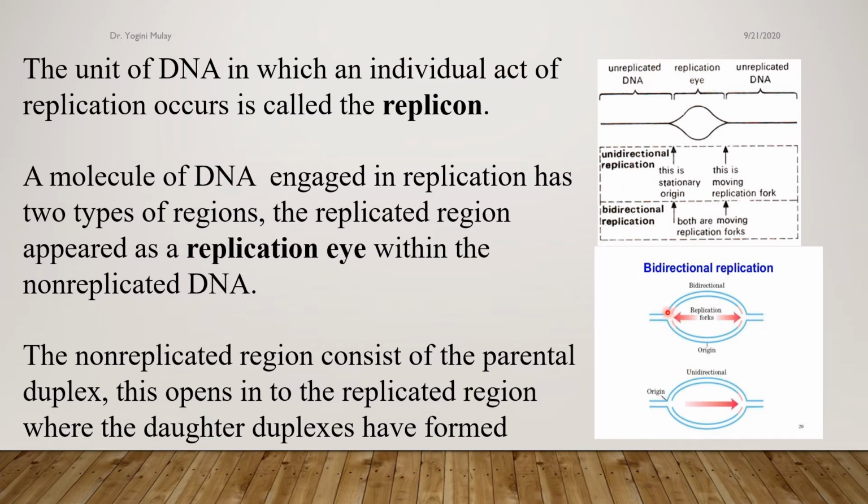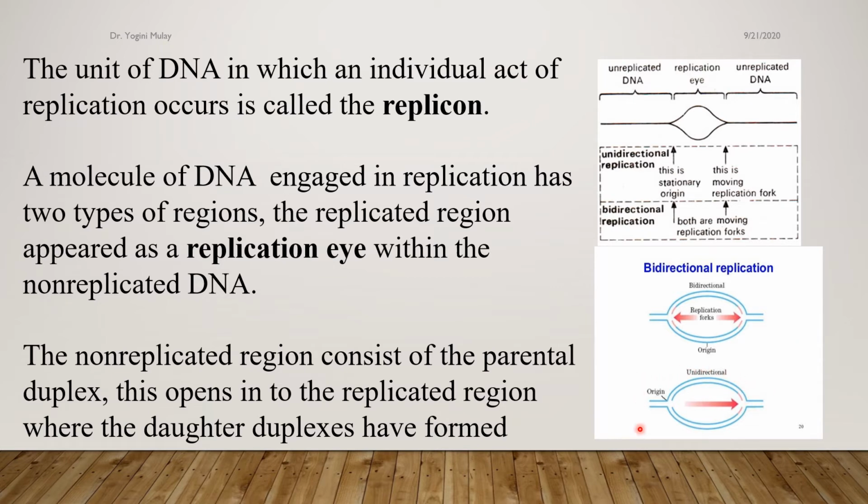This would be another replication fork which will move in this direction. Now this is the bidirectional replication where both the replication forks move in their respective directions.